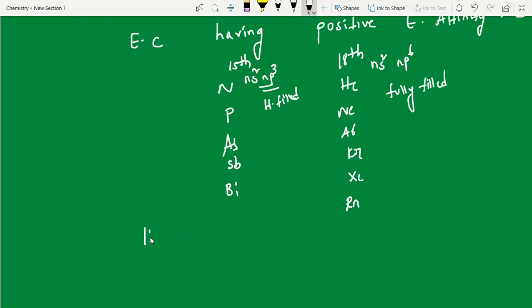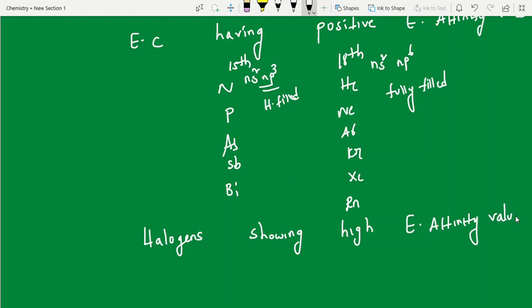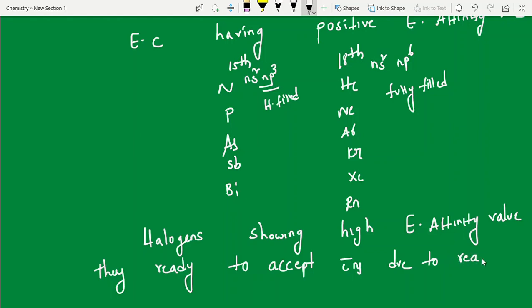And halogens show high negative, high electron affinity values. Means they're ready to accept, quickly accepting electrons, due to reaching a stable gas configuration, stable electronic configuration.